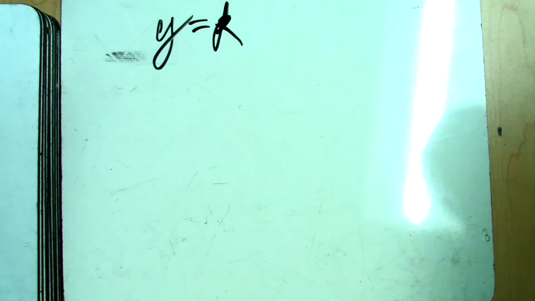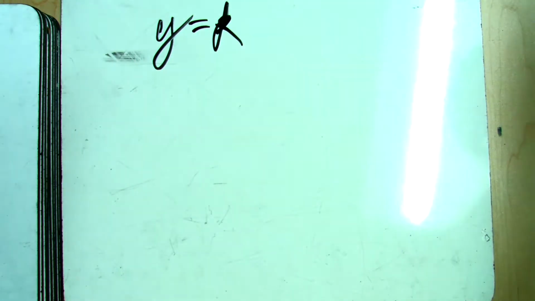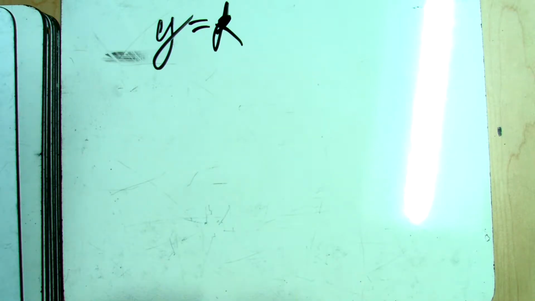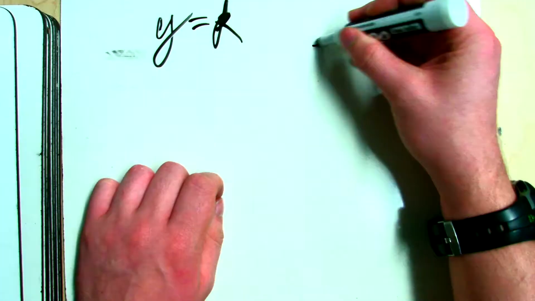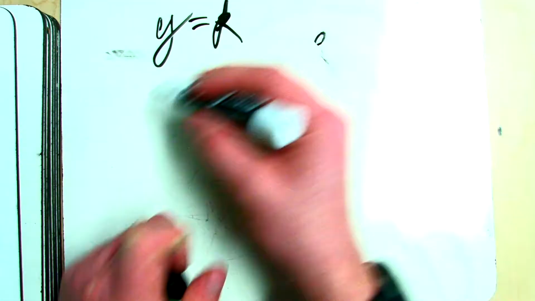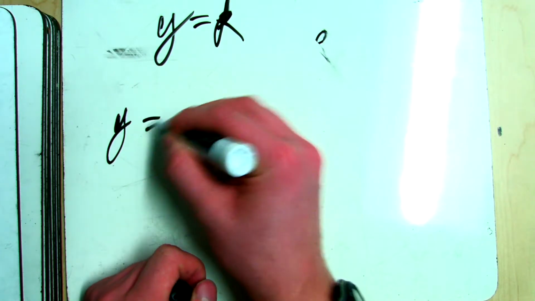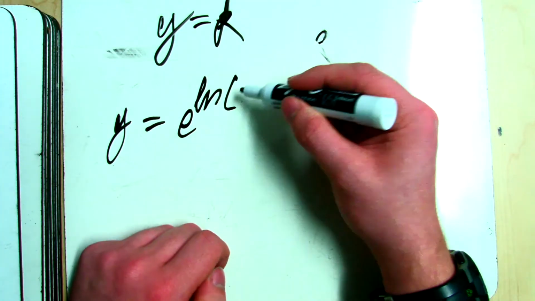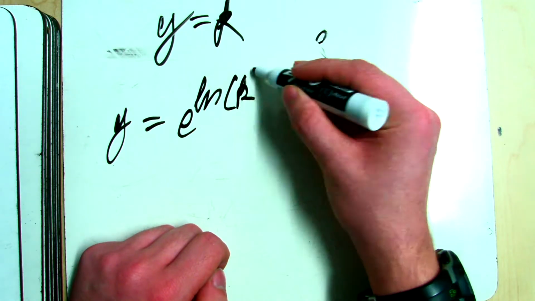Now, the first thing we can do is realize that the natural log and the exponent, base e, are opposites. So we can have this equation right here be equal to e to the power of the natural log of k to the power of x.